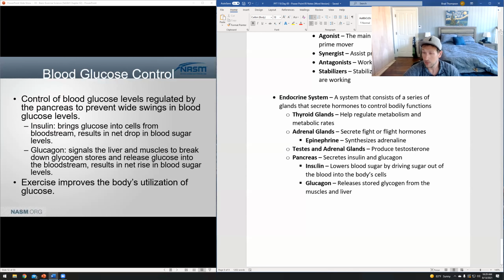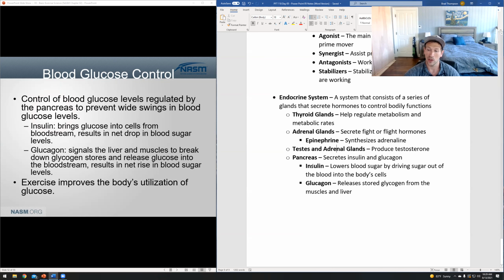And then there's also like controlling your blood sugar. We need to have sugar in our blood so that we can produce energy because your cells eat sugar and spit out energy. And so your pancreas, which is this organ that produces this material called insulin, releases insulin into your blood, which drives that sugar out of your blood into your cells.